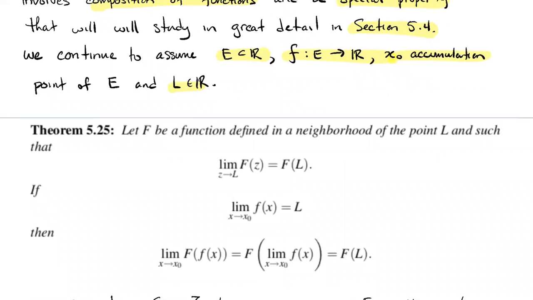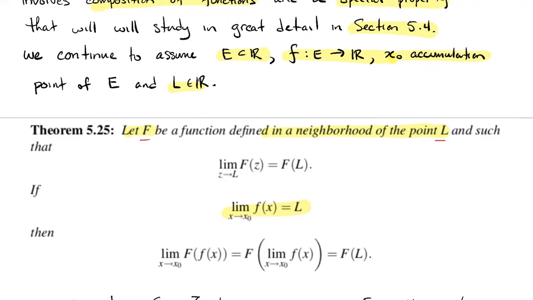So this involves two functions, little f and capital F. Capital F is a function defined at least on some neighborhood of this number L, L being the limit of little f. I quantified little f above. It has limit L. Capital F has to be defined on some neighborhood that contains L. In other words, there's some epsilon neighborhood of L into which I can plug all elements into the function F. So the domain of F contains this epsilon neighborhood.